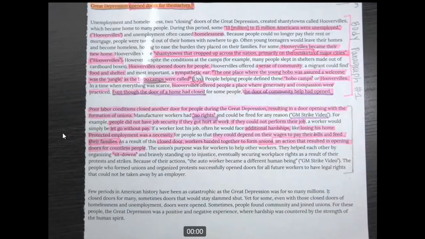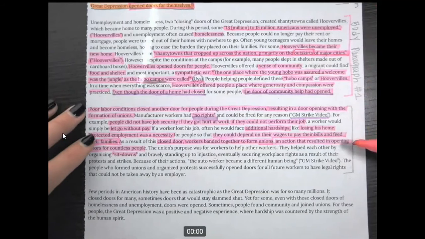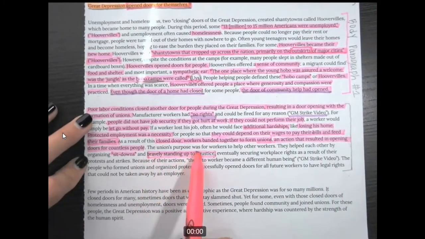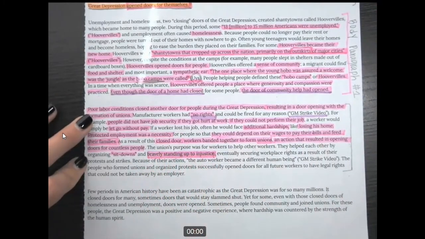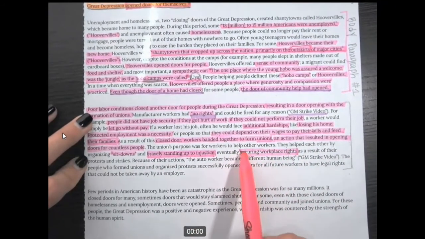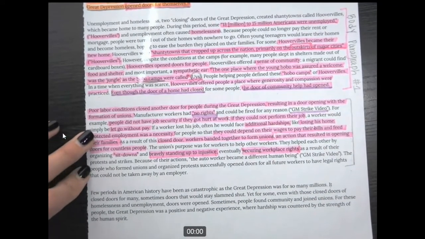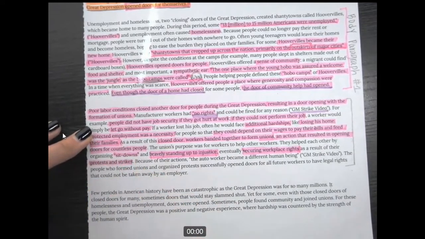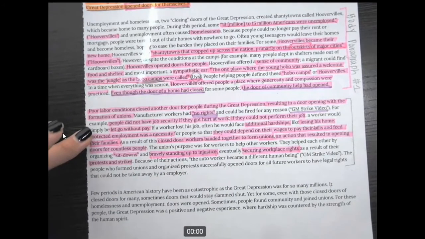We learned that a lot of people were angry and started forming unions so that they could stand up to injustice by protesting, by having these strikes, so that they could secure their workplace rights, having fair rights to their jobs. And as a result of these protests and strikes, they were able to actually successfully have legal rights.